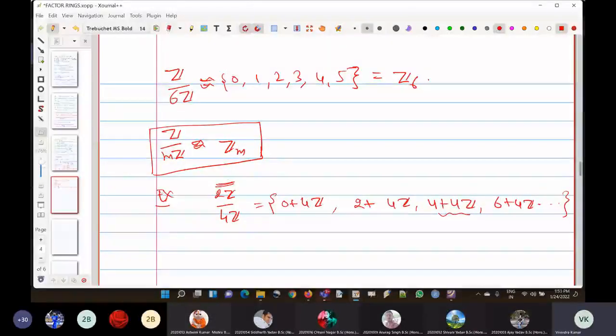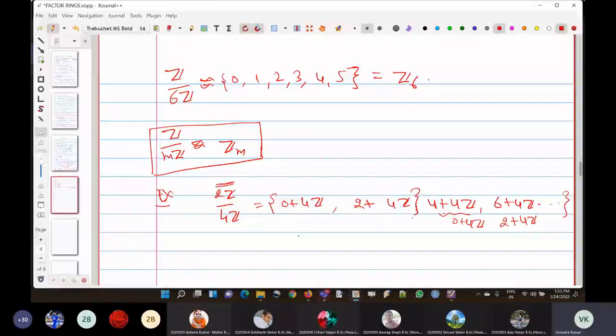Numbers in this set are going to be completely divisible by 4, so this is going to be 0 only, 0 plus 4z. We can reduce it modulo 4. Here also this will be reduced like this. So there will be only two elements, I guess.